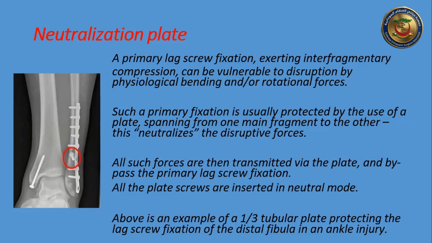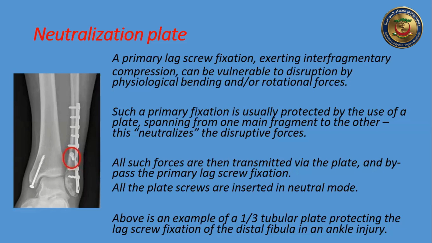At the end, we have a lag screw that needs to achieve interfragmentary compression. But this lag screw and this interfragmentary compression are exposed to very high torsional force, axial, rotation, bending, and deforming forces.